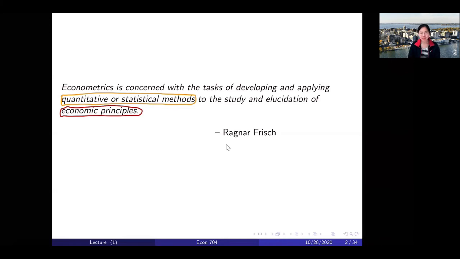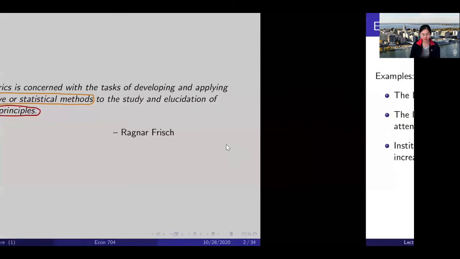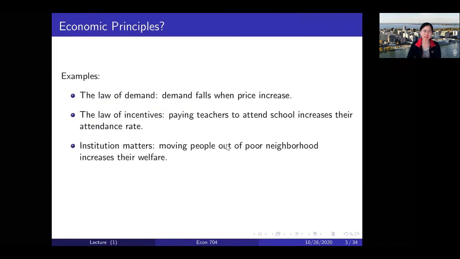Let's start with economic principles. What are economic principles? Let me give you some examples. The law of demand is an economic principle. The law of demand says that when price increases, demand falls. This law of demand can be derived from consumer decisions.